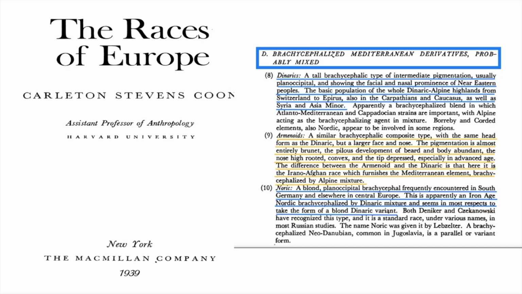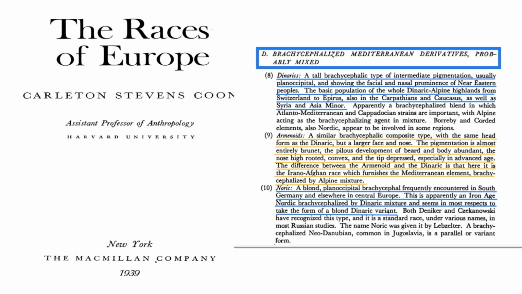So you have the Dinarics, a tall brachycephalic type of intermediate pigmentation, usually planoccipital, and shows the facial and nasal prominence of Near Eastern peoples. The basic population of the whole Dinaric Alpine highlands from Switzerland to Epirus, also in the Carpathians and Caucasus, as well as Syria and in Asia Minor.